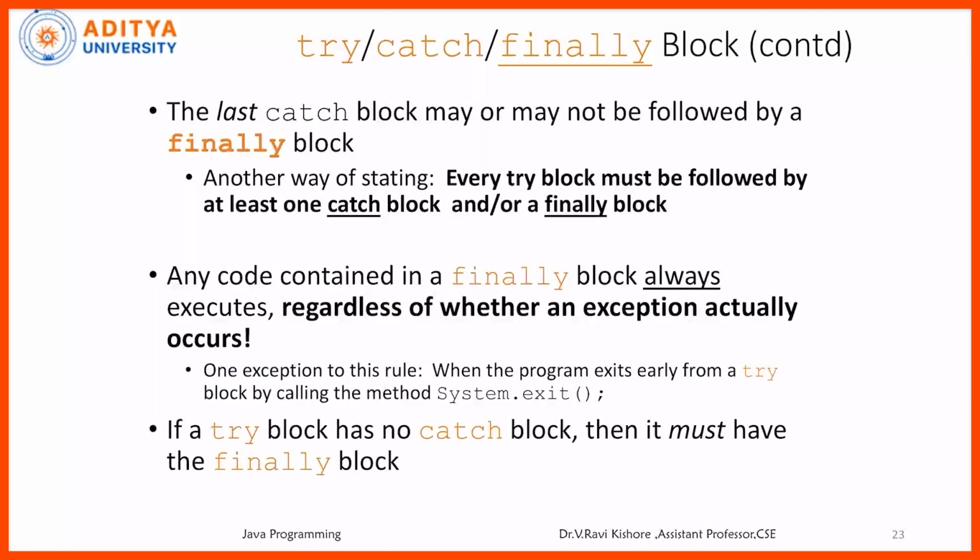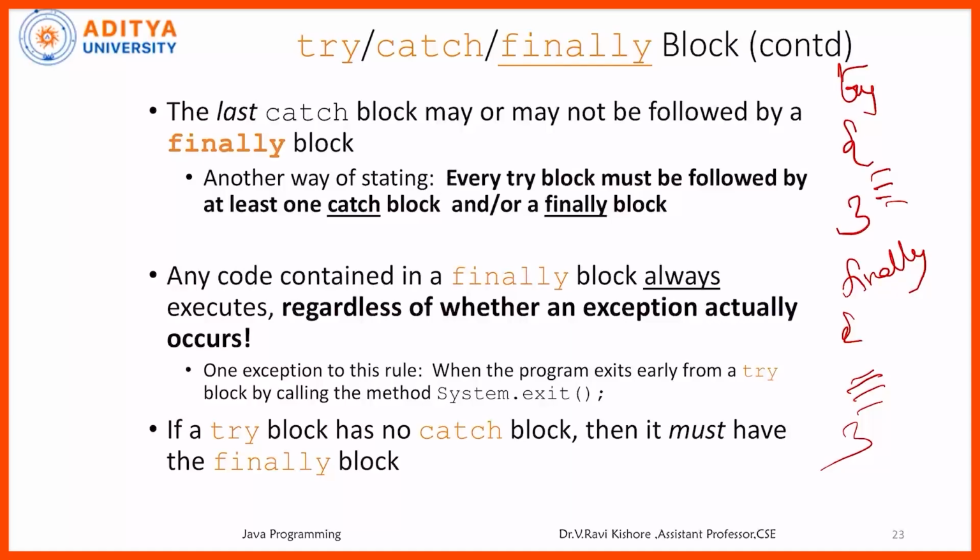Coming to the finally block, it also needs the help of the try block. Any code contained in the finally block always executes regardless of whether an exception actually occurs. For example, if I have try, I can go for finally.